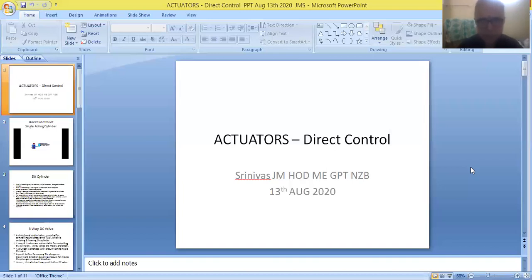actuators. So now today we are going to discuss about the control of actuators, which also indicates the operation of actuators in hydraulic and pneumatic systems.